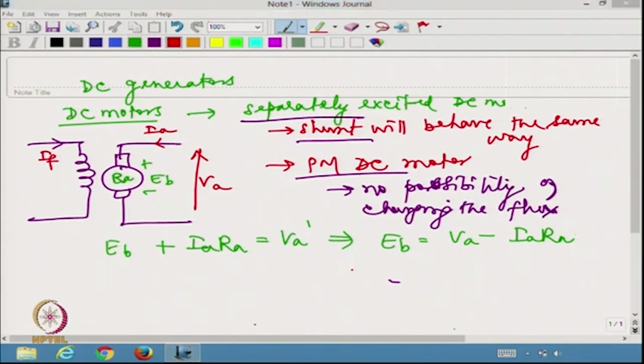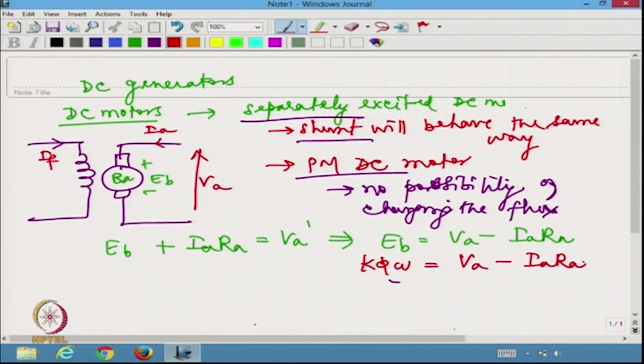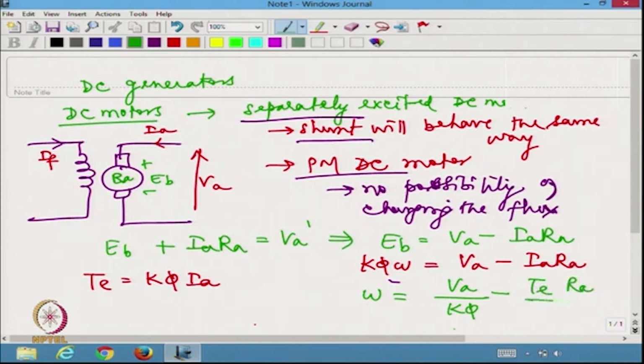So, I can say K phi omega equal to VA minus IA RA. But we also said TE equal to K phi IA. So, I can write this equation now as omega equal to VA divided by K phi minus TE multiplied by RA divided by K phi whole square. So, this we have substituted here basically.